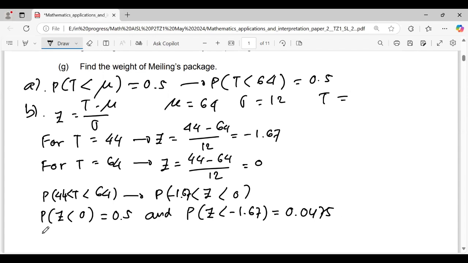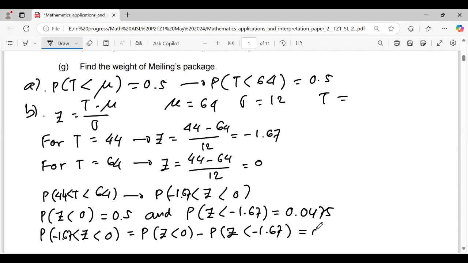It means the probability that Z is greater than minus 1.67 and less than 0 is equal to the probability Z less than 0 minus the probability Z less than minus 1.67, and it equals 0.5 minus 0.0475, which equals 0.4525.